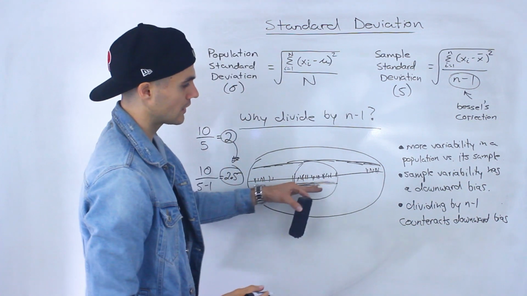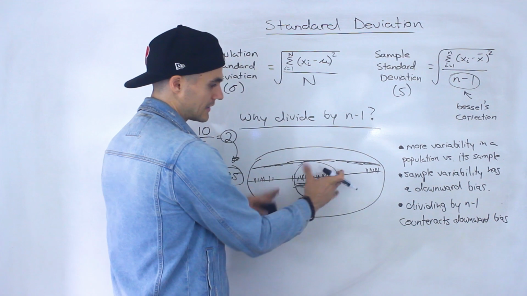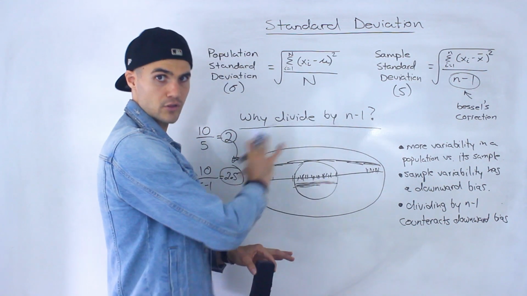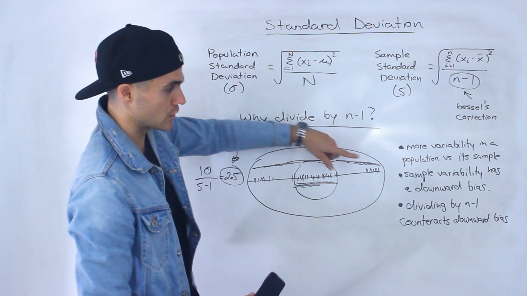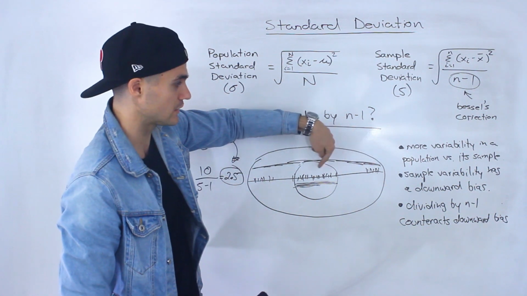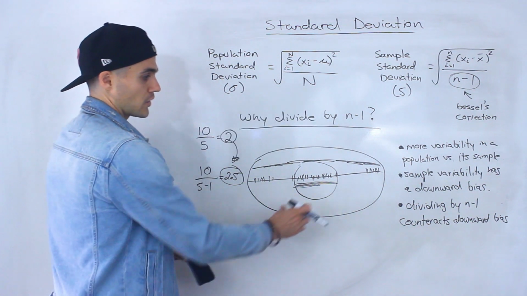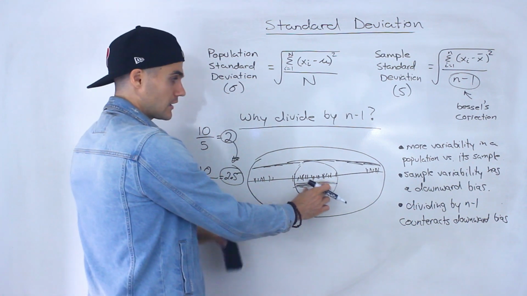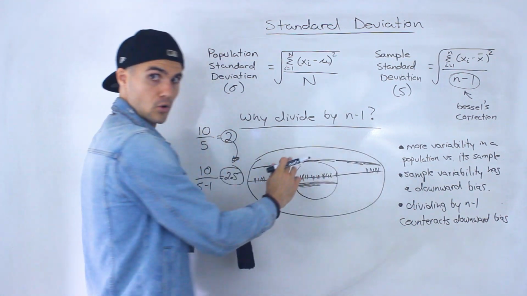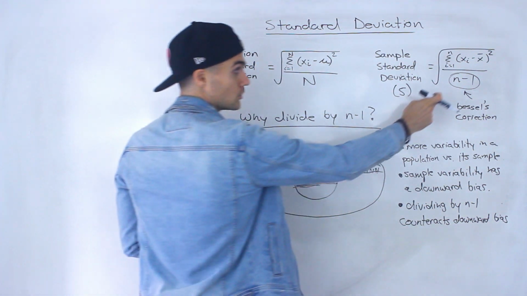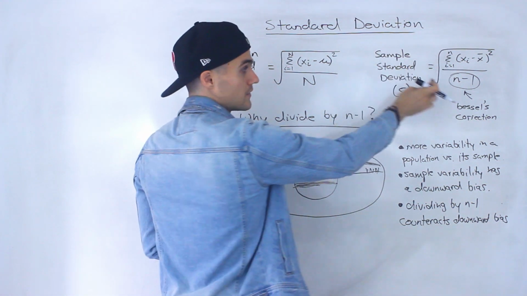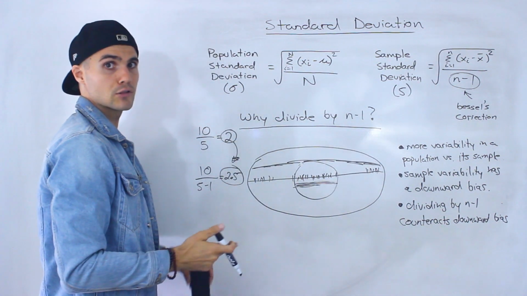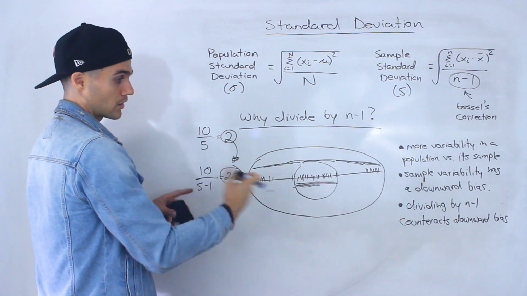They won't allow you to take this variability and then generalize it for the population. They're saying, no, no, no, you took a sample. We know that there's a downward bias in variability for a sample. And so we're not going to allow you to use this variability here to generalize the whole population. We're going to make you up this sample standard deviation. We're going to make you divide by a lower denominator to bring that number up.